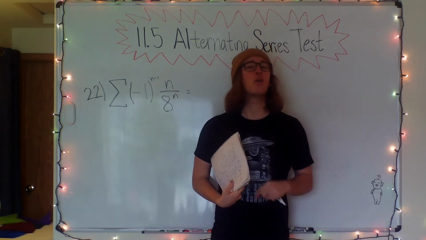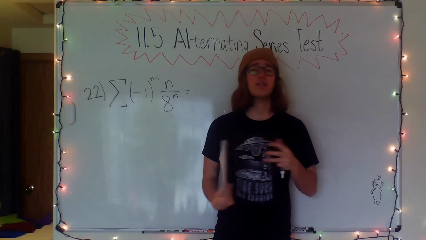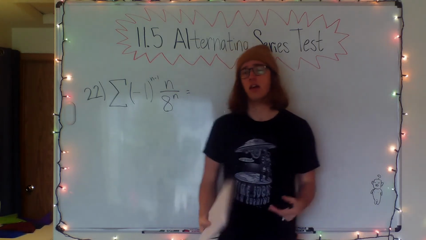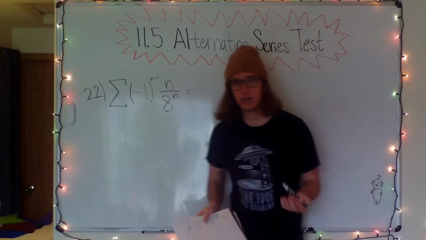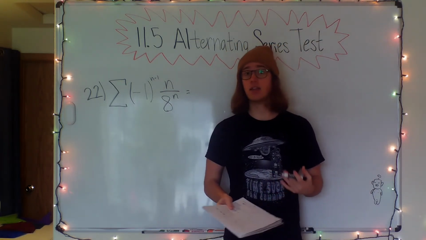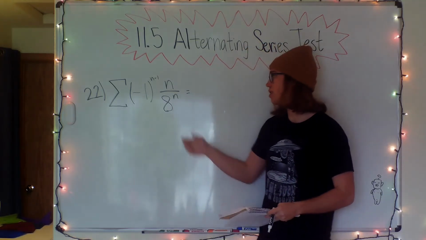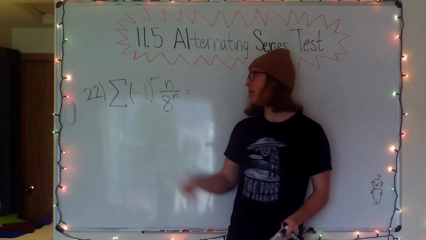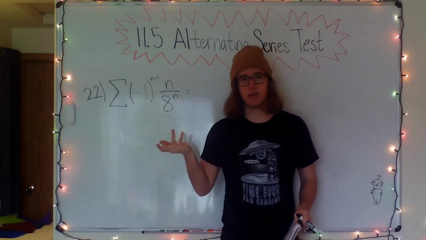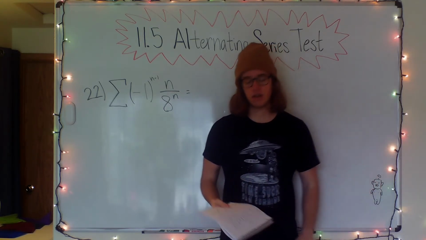Let's think back to the alternating series estimation theorem, which says it needs to satisfy the same two conditions. And it will. 8 to the n is way bigger than n, right? 8 to the n has exponential growth, while n is just linear growth. So that's going to converge to 0, and each term is less than the previous term.